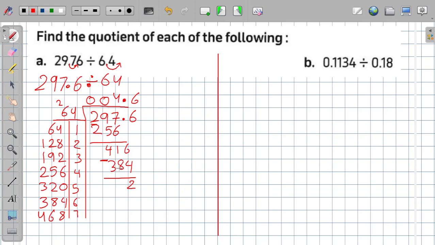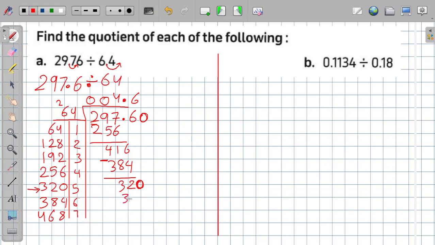And 41 minus 38 equals 3. So I have 32. But I don't have any digits right here. So what can I do? Let's add some zeros. So I will put 1 0 right here and 1 0 right here. So I have 320, and I think 320 is in the timetable.